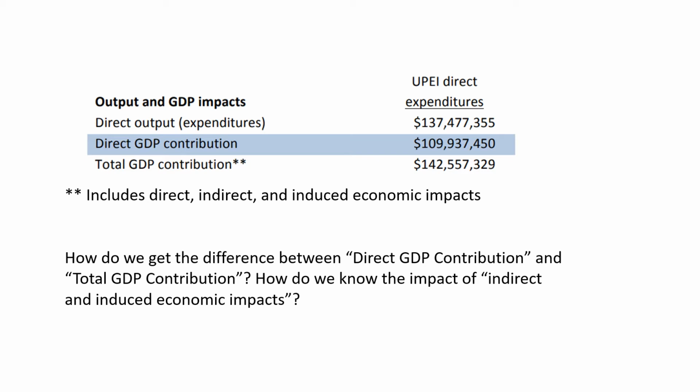And that was found to be $142 million. So you see there's a difference of 30-some million dollars between what you can directly attribute to the university and the indirect and induced contributions of the university. That difference is calculated using Leontief input-output model.